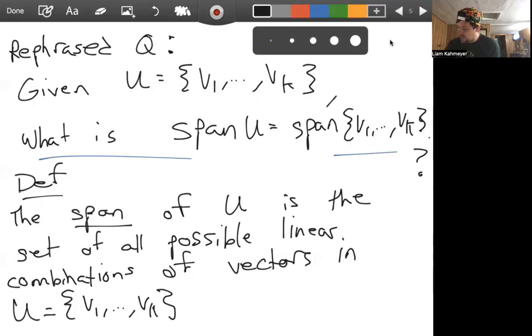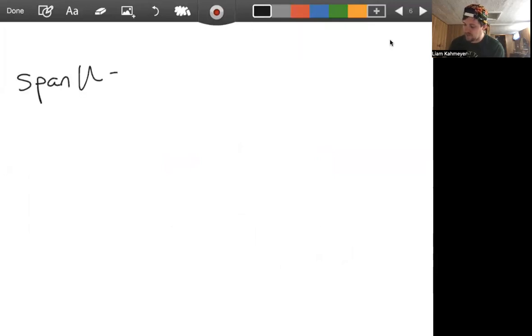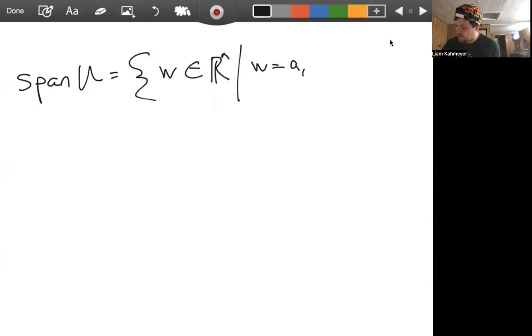Or we could write this, if you'd like, since the span of U is a set, as a set. So in set notation, this would read: span of U is the collection of all vectors W, and let's say we're in Rn, such that W is a1 v1 plus a2 v2 plus et cetera, et cetera.